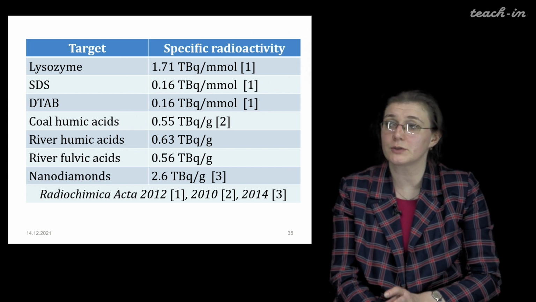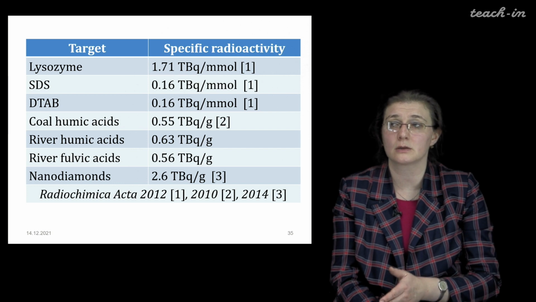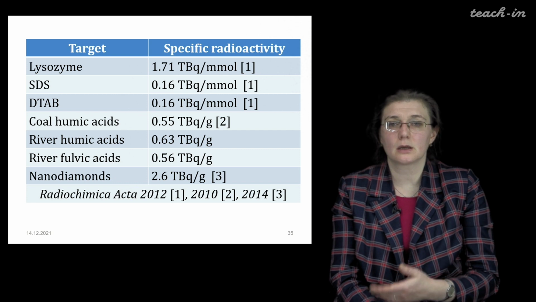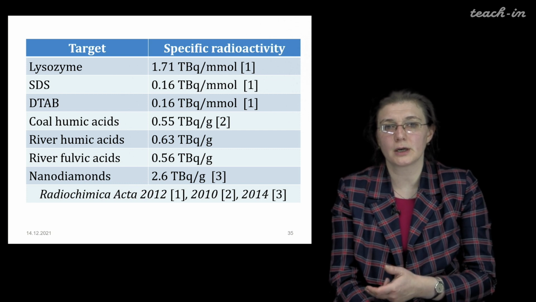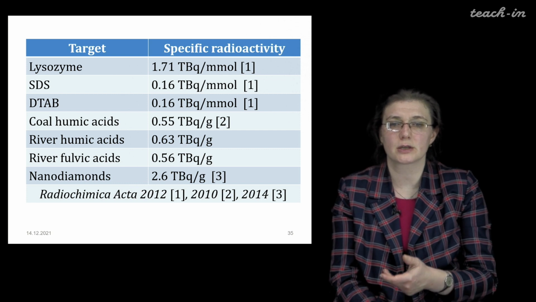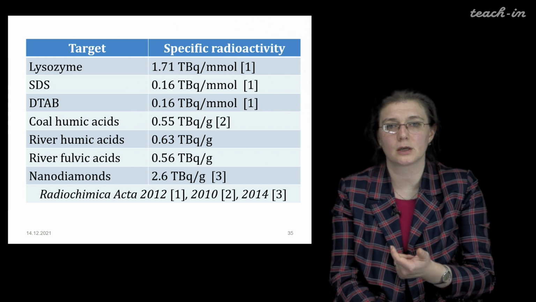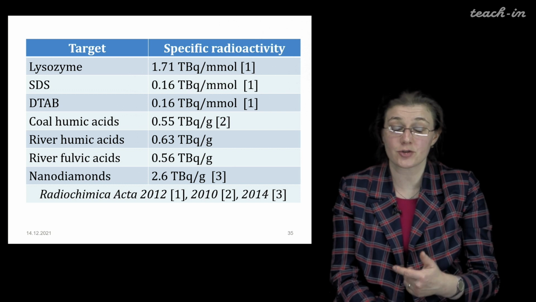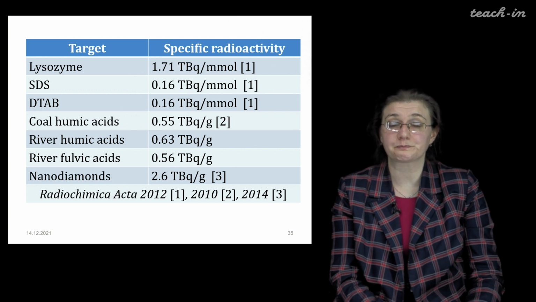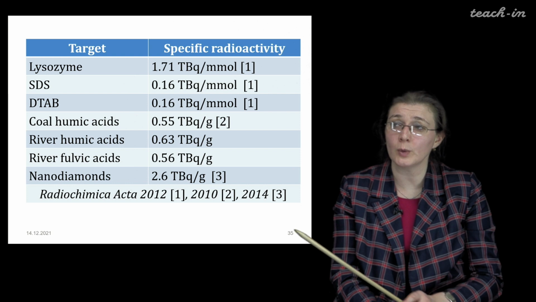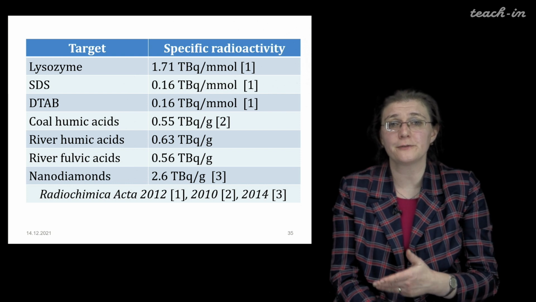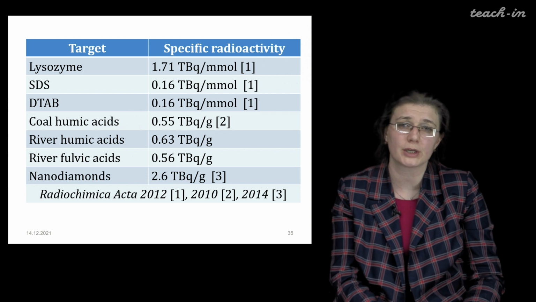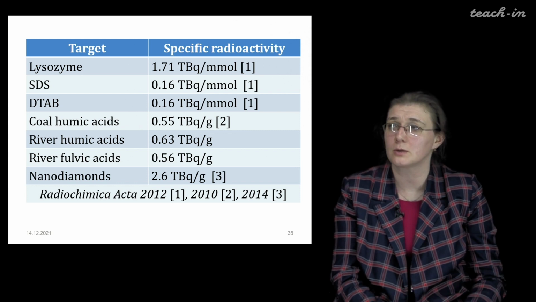The yield of the reaction depends on different parameters like the temperature of the tungsten filament, the gas pressure, and the amount of compound used in the reaction. So we can vary these and find the conditions for radiolabeling of different compounds.